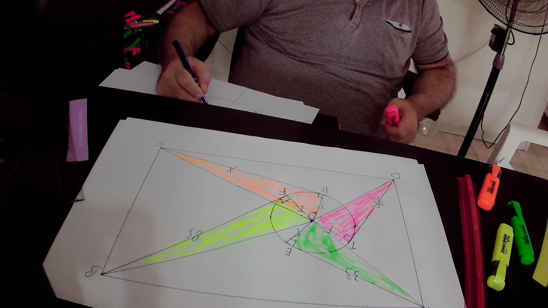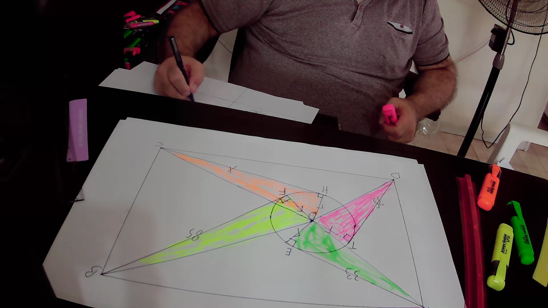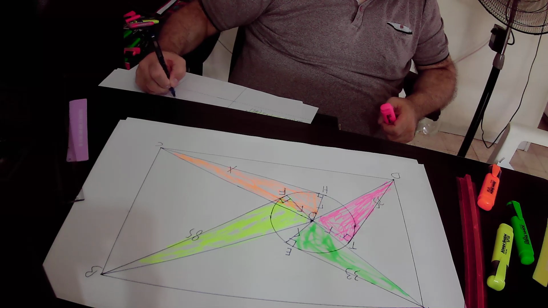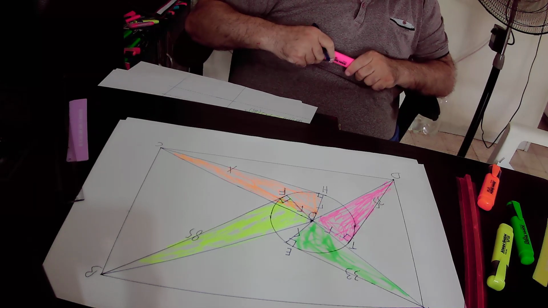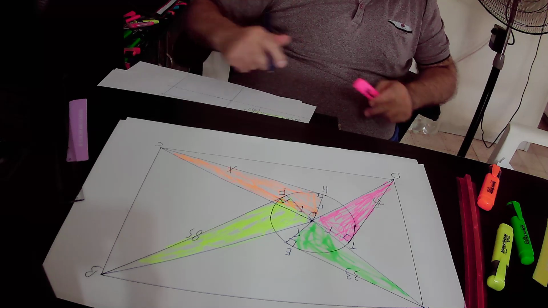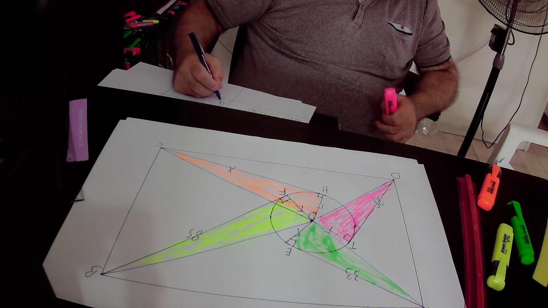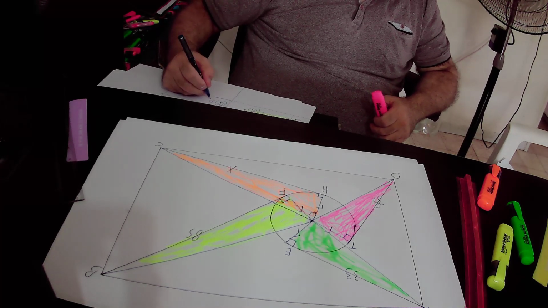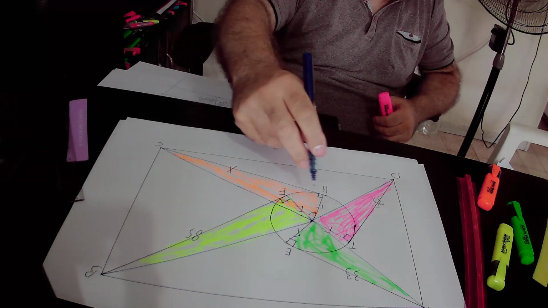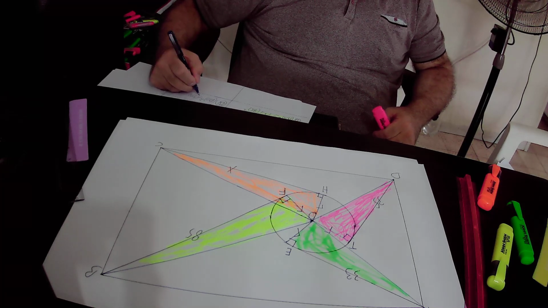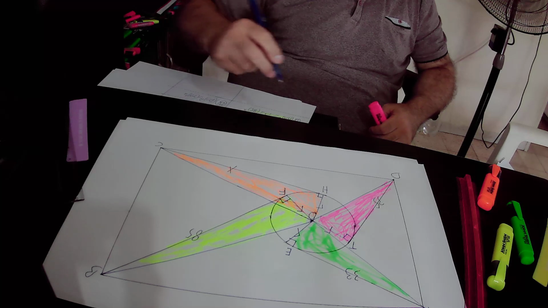In the pink right triangle, triangle DTO, by PT, DO square equals TO square plus TD square.